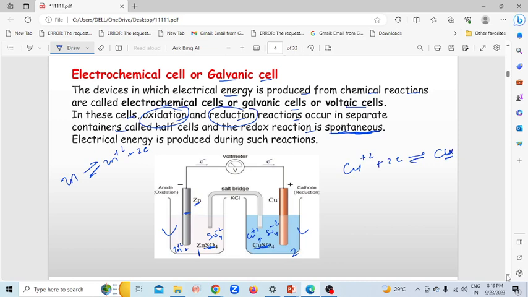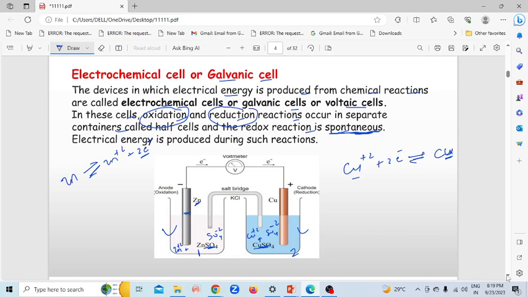Why is it happening so? Why is zinc losing electrons, but here copper is gaining electrons? I already told you that this cell is spontaneous, meaning you are not providing any external driving force. So why is this reaction happening?